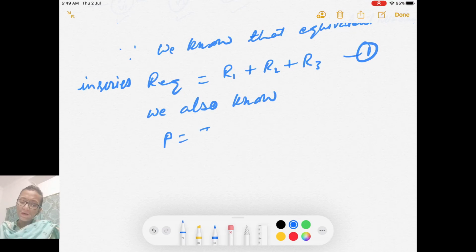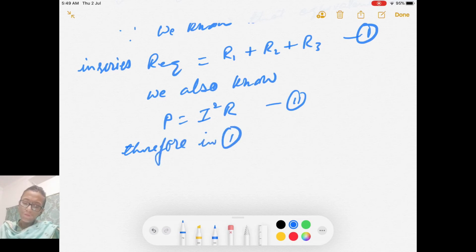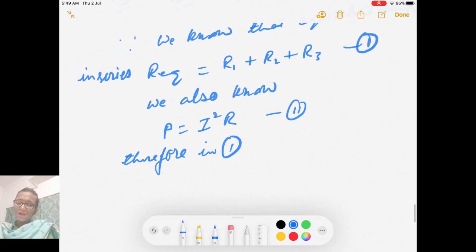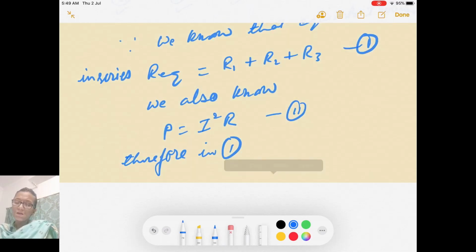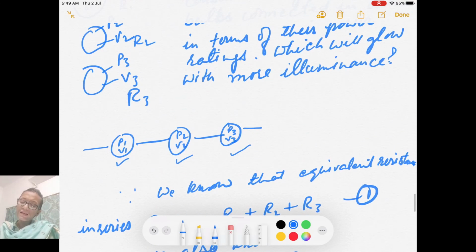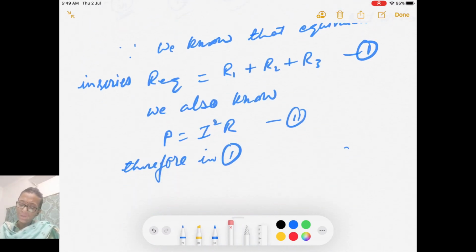P is equal to I square R. Therefore in 1, in place of R equivalent, we have to write in terms of V mentioned.